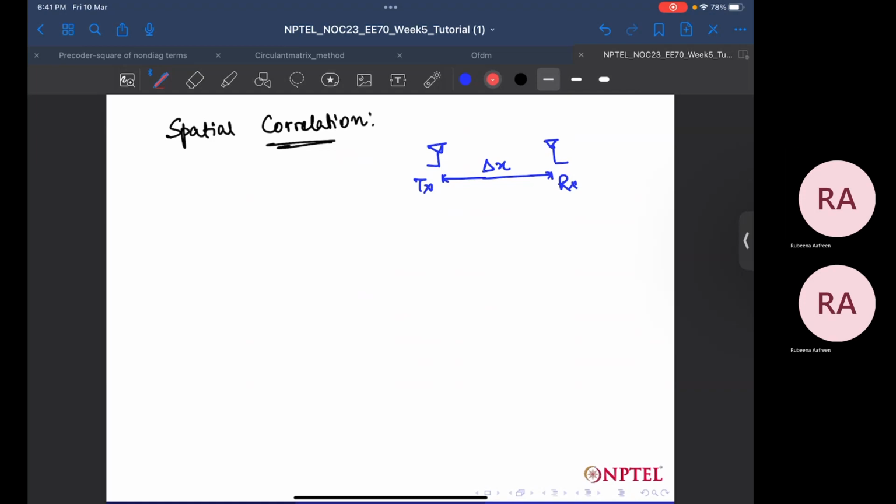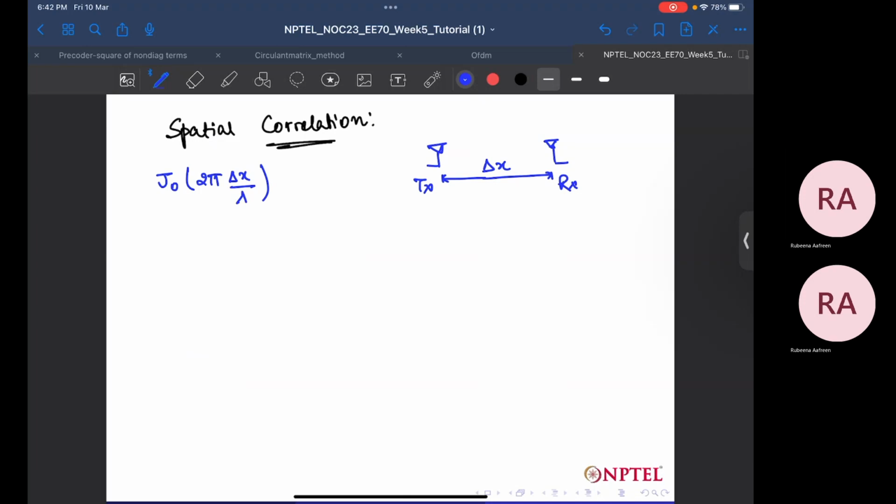So without wasting any time, we will move on to spatial correlation. And now we will see that all the concepts that we have discussed previously will come in handy. We have been discussing spatial correlation, since we discussed the receiver correlation in terms of frequency. From there we found out that the receiver correlation in terms of distance is given by J0 of 2 pi delta x upon lambda, I think.